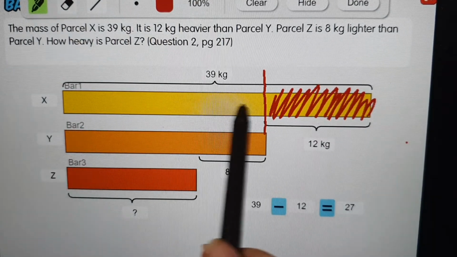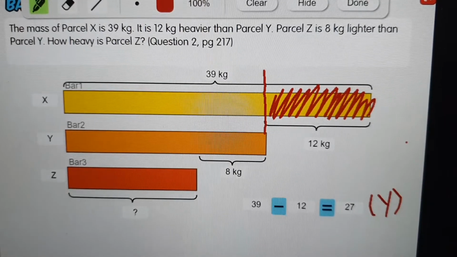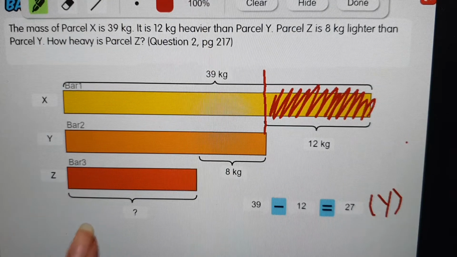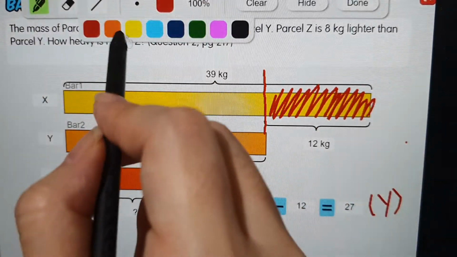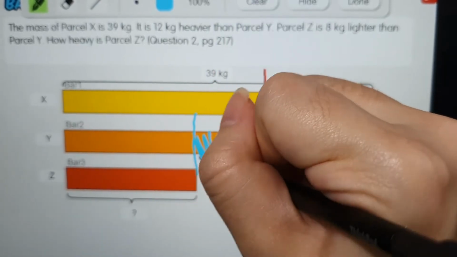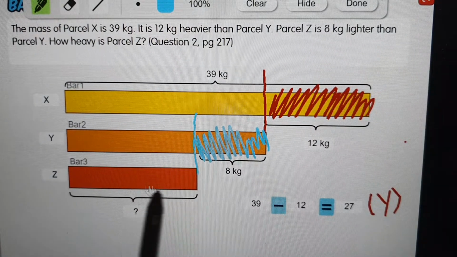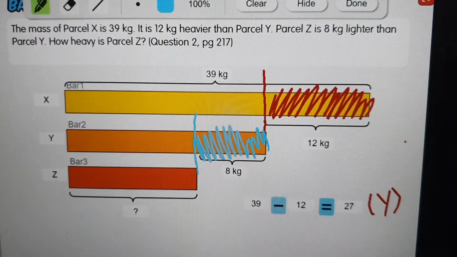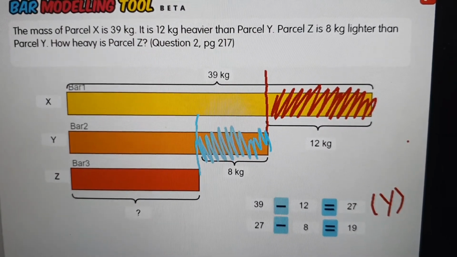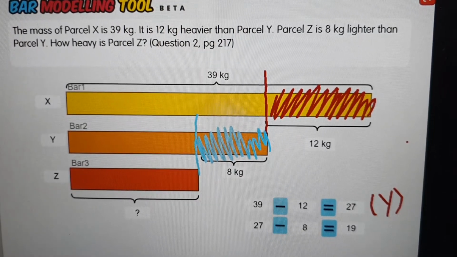And what you are left with is going to be parcel Y, the mass of parcel Y. And since you know that Y is going to be 8 kilograms greater than Z, if I take away 8 kilograms here, I minus away this part here, I'm going to be left with this part, which is going to be the mass of parcel Z. So your next step will be 27 minus 8 to give you 19, which is the mass of parcel Z.